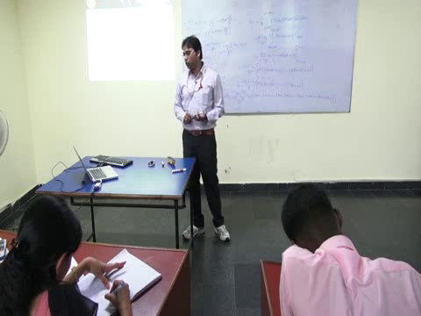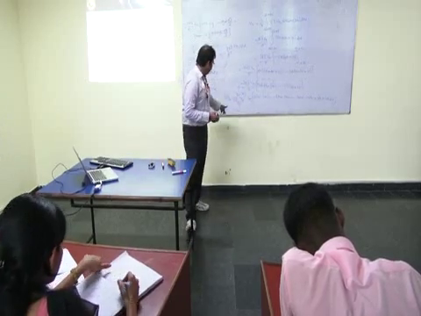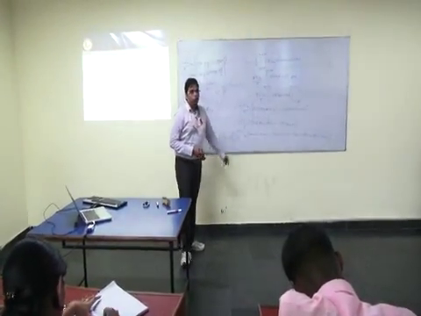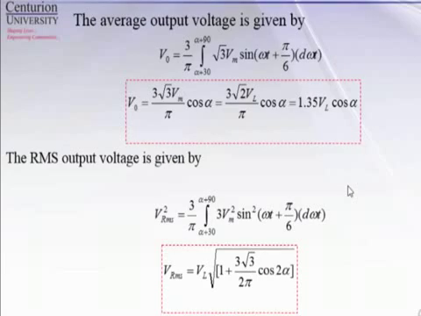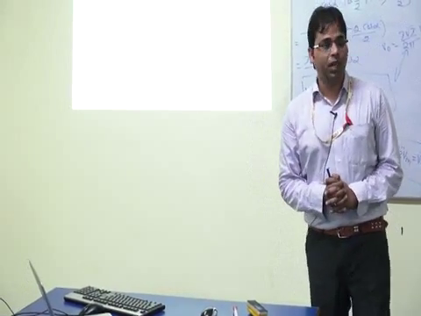Just put root 3 Vm equal to root 2 VL. This is the relation, root 3 Vm equal to root 2 VL. So this is the answer you are supposed to get: VL under root 1 plus 3 root 3 by 2 pi cos 2 alpha. Okay. So this is all about your 6 pulse rectifier.